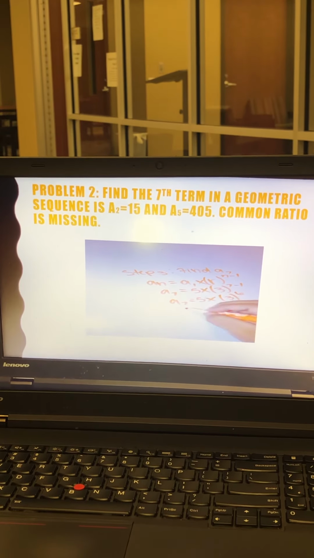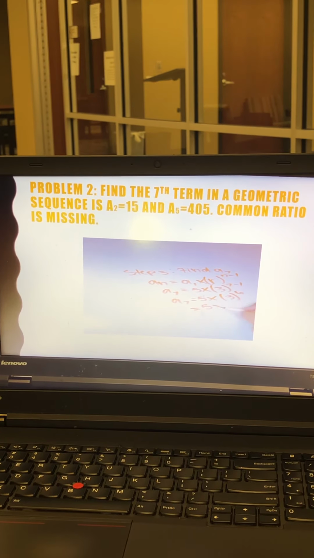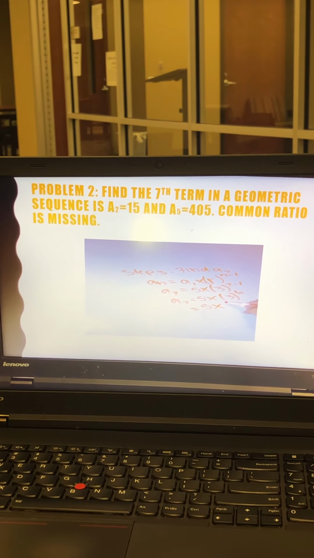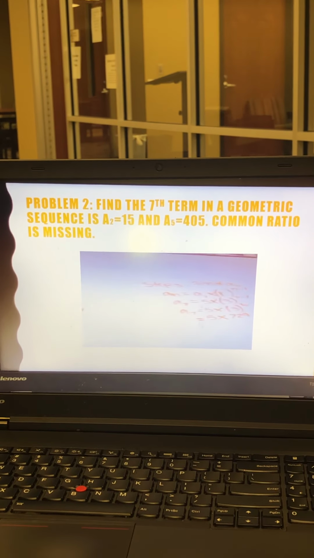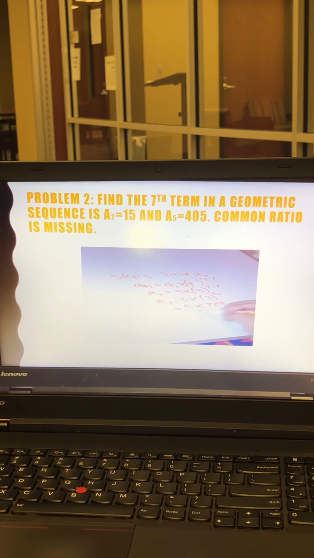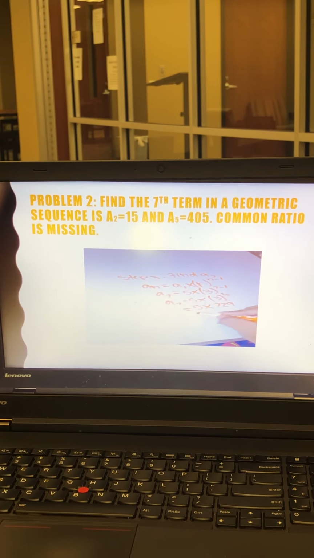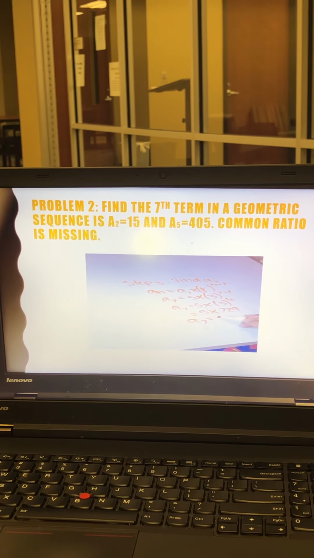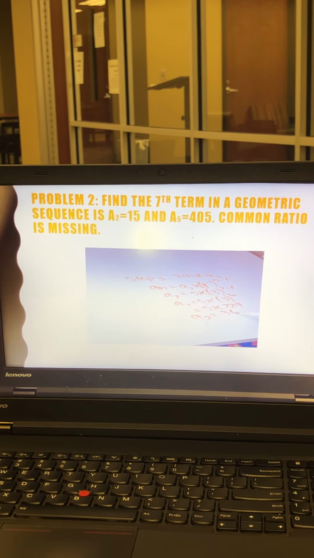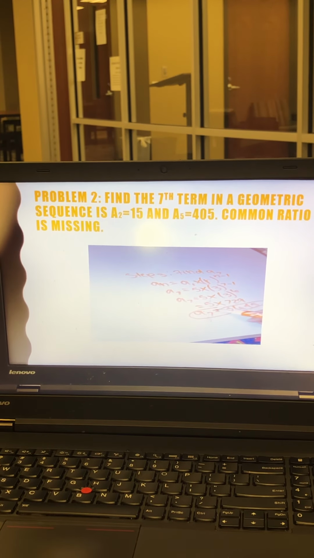Seven minus 1 is 6. We have 5 times 3 raised to the 6th power, which is 729. And then 5 times 729 is 3,645. That gives you the 7th term.